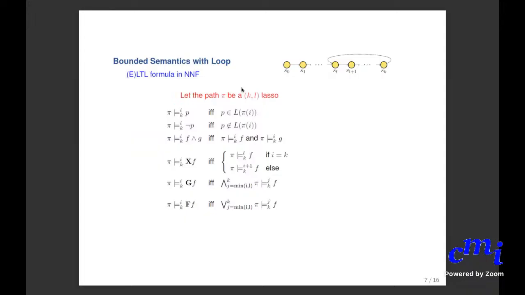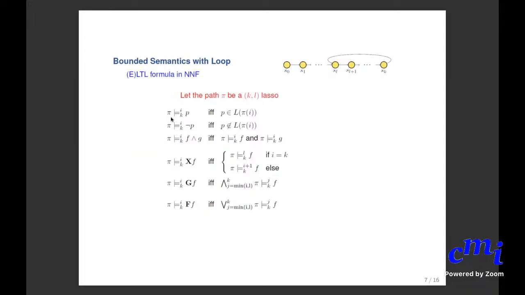That is, if you're given a finite prefix, k-long prefix, of an infinite path of a finite state transition system, how you could infer, from the satisfaction of the LTL formula by looking at the finite k prefix, what you can conclude about the satisfaction of the infinite path represented by the kl lasso, one of the infinite paths represented by the kl lasso.